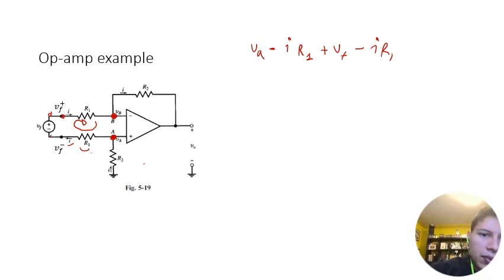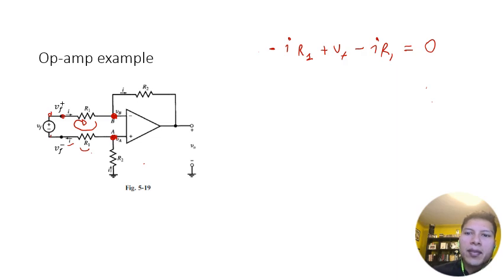And then the voltage from here to here is 0, basically. So that should be equal to 0. Here should be minus VB, but you know that VB and VA are the same, so these two go away.